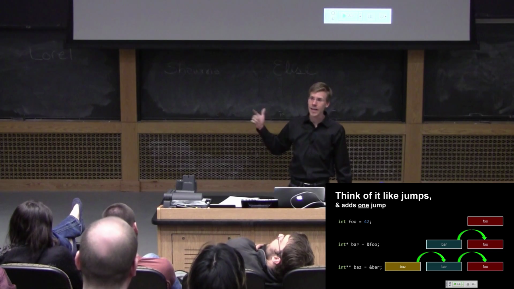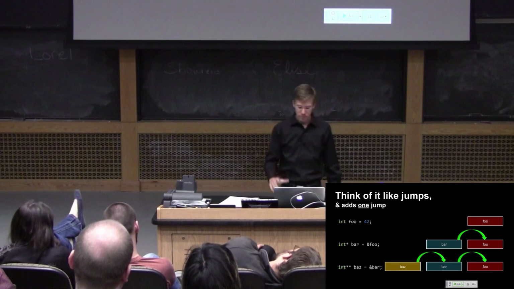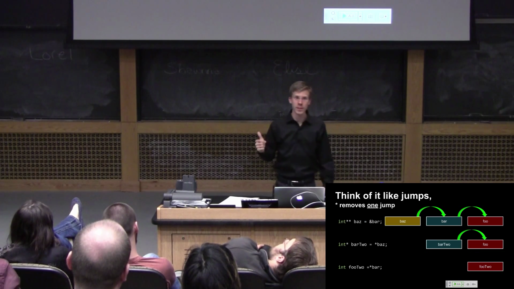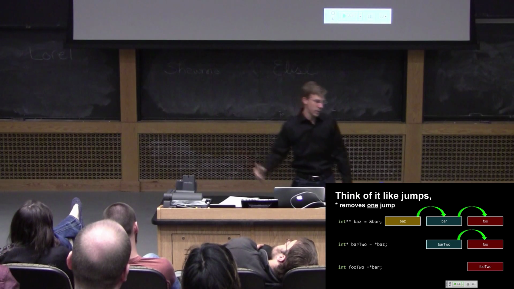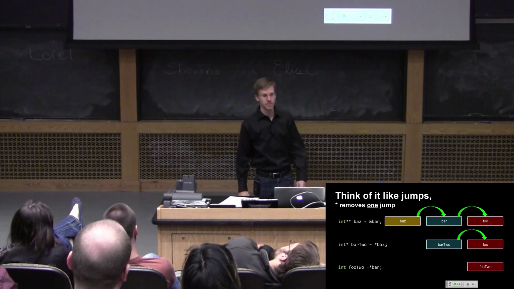Think of the ampersand as adding one jump in there, an arbitrary extra jump. Think of asterisk, the star, as removing a jump. Or if you want to think of them as jumps, you could think of it as going through one of the jumps.